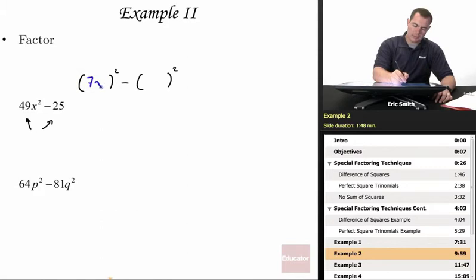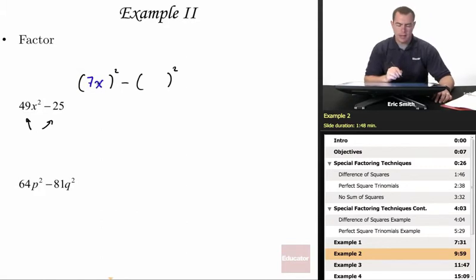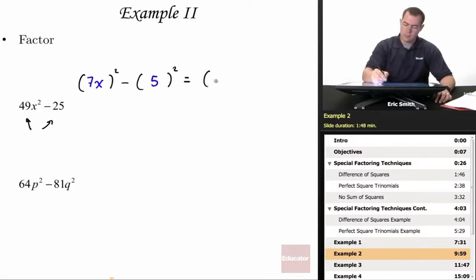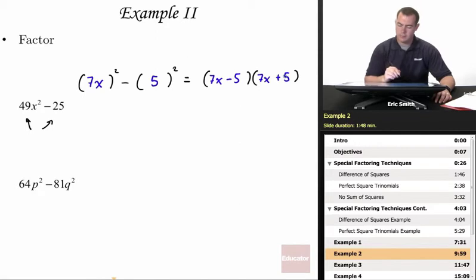So 7x is my first one. Two numbers that will multiply and give me 25 must be 5. So now we can write how this one breaks down. I have 7x minus 5 and 7x plus 5. Very nice. All right, one more.